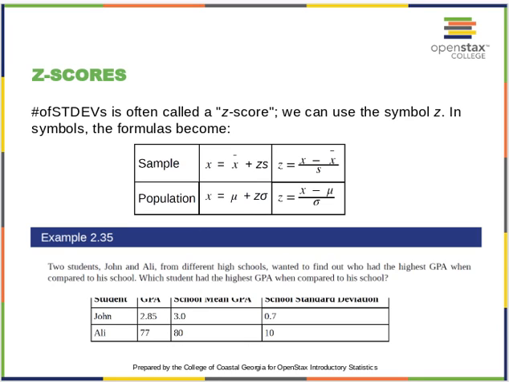So x bar is the mean of the sample, and mu is the correct population parameter. x bar is a statistic, mu is a parameter. Similarly, s corresponds with the standard deviation for the sample, and sigma is the same for the population.